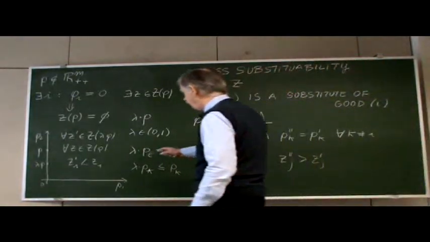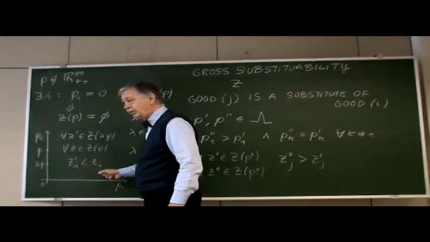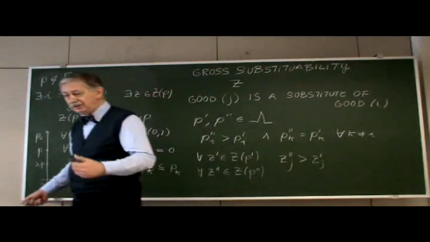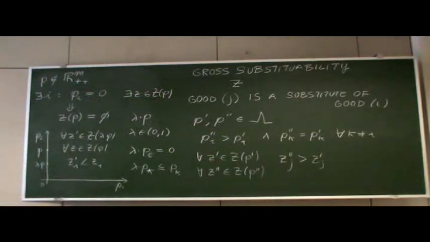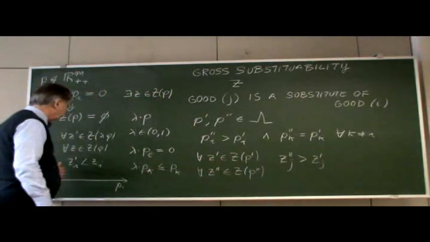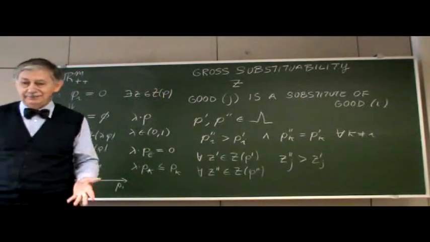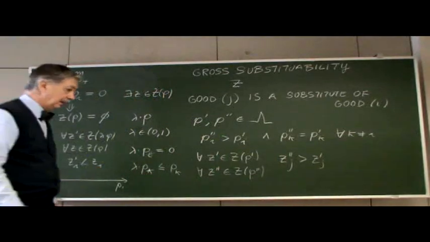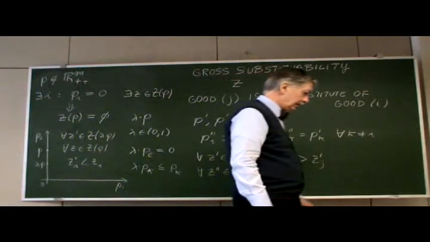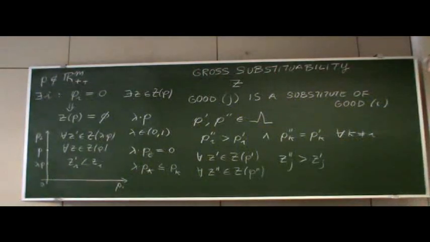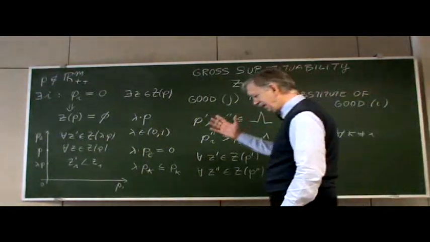So, it is impossible that this inequality holds, because in this case you have that a real number is inferior to itself, and this clearly cannot happen. Conclusion, Z of P must be empty.